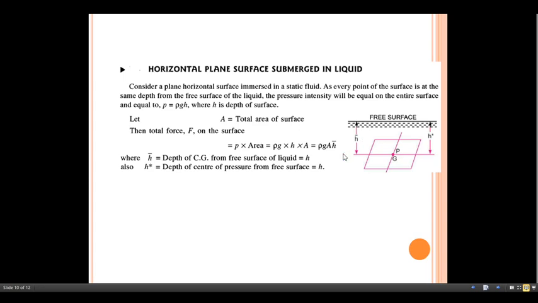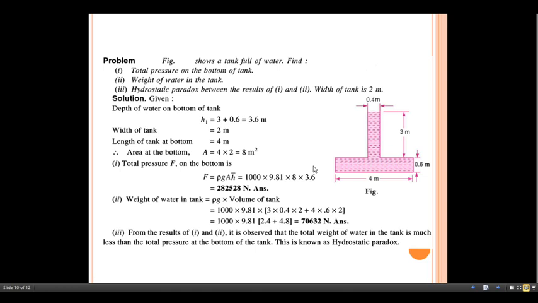So simply write A multiplied by h bar, where h bar is nothing but the depth of the center of gravity from the free surface of the liquid, and this must be equal to h. Similarly, h star is nothing but the depth of center of pressure from the free surface, also equal to h.